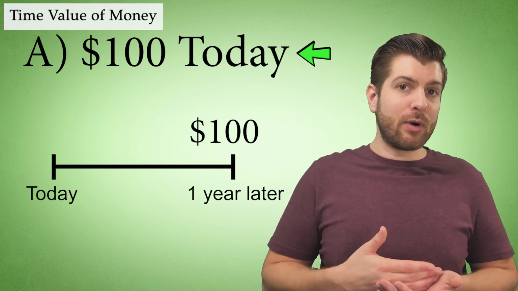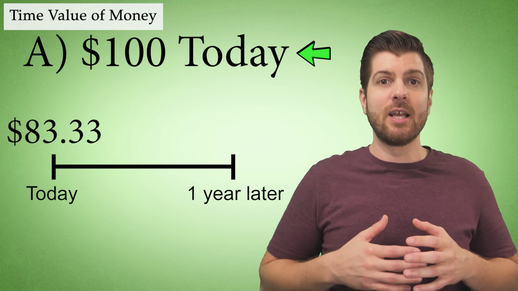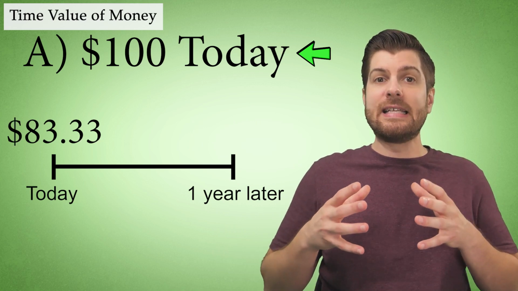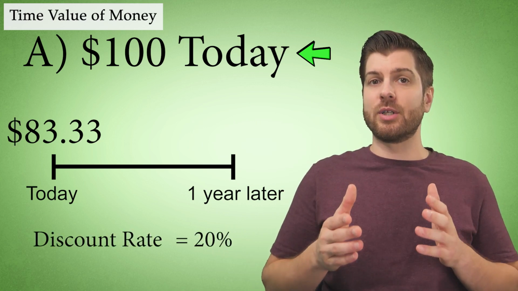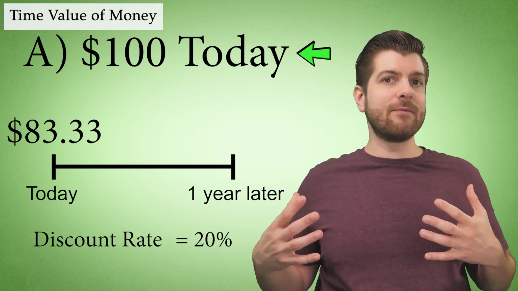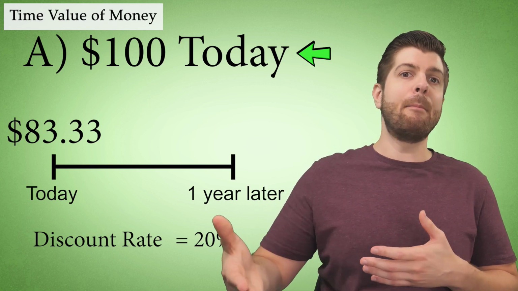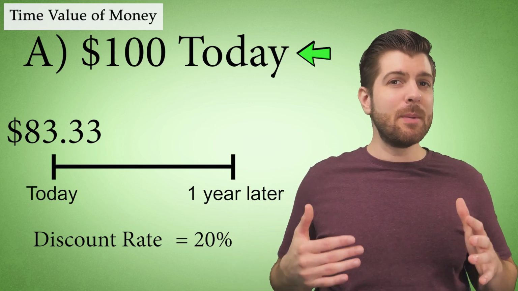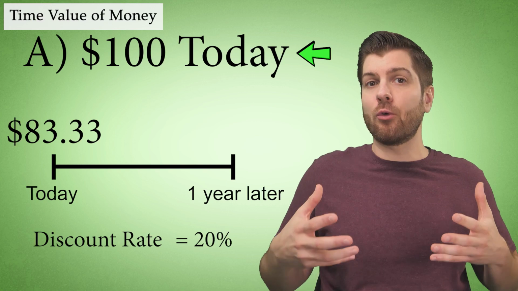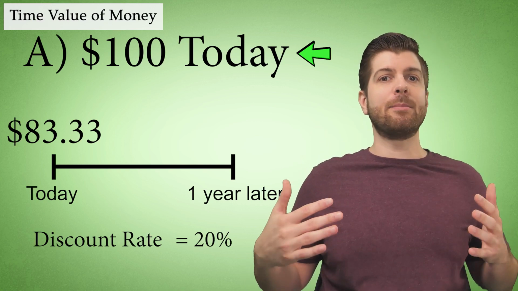So when we say that the present value of next year's $100 is $83.33, we've used what's called a discount rate of 20%. And now check this out, and this is super important. We're about to use the present value formula to discount the bakery's future cash flows back to their present value. Now, a lot of people get hung up on what discount rate they're supposed to be using, but as you'll see in a minute, this isn't something you need to worry about.